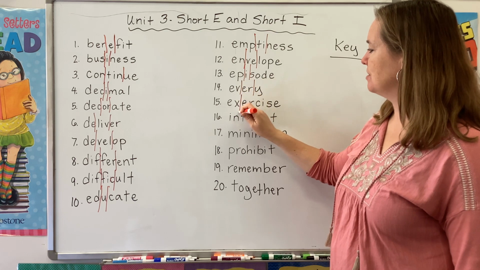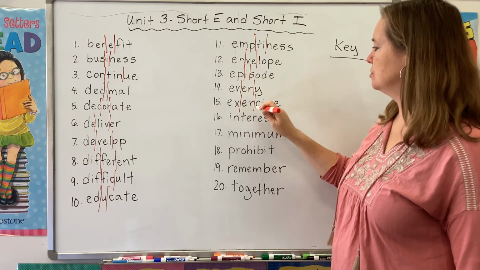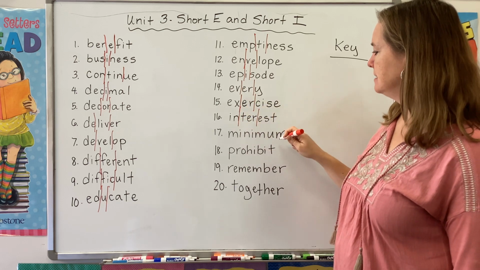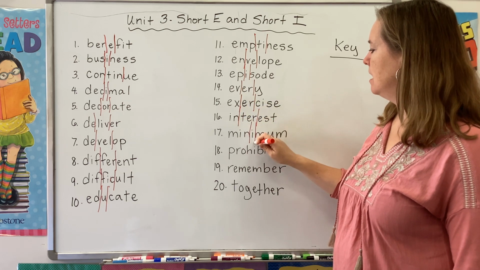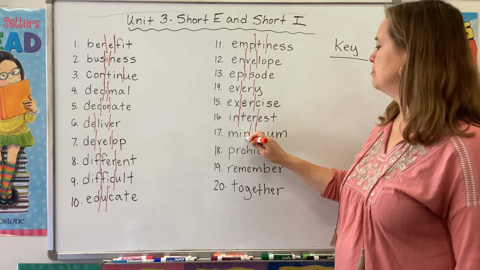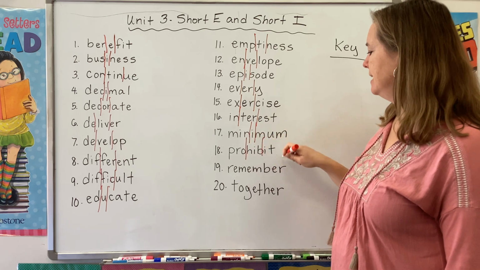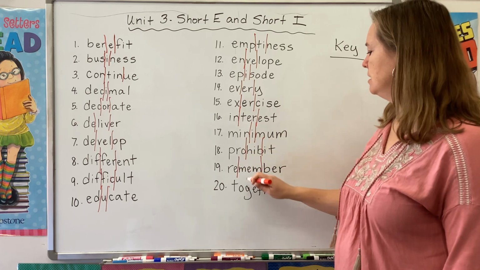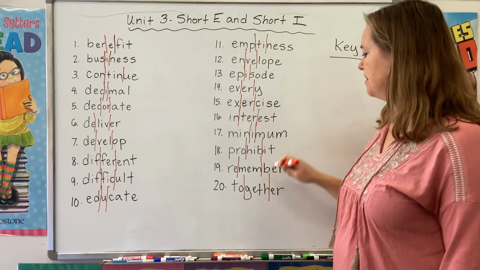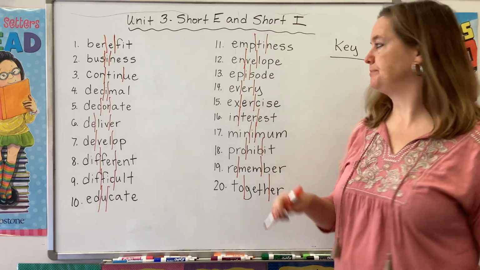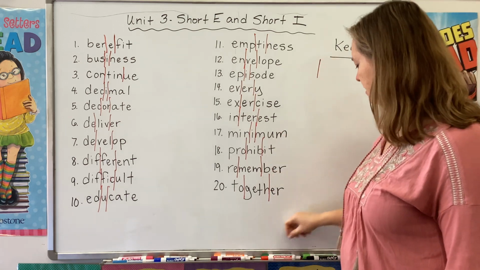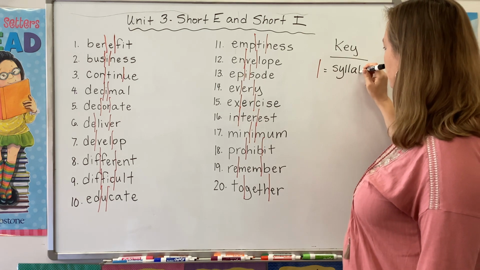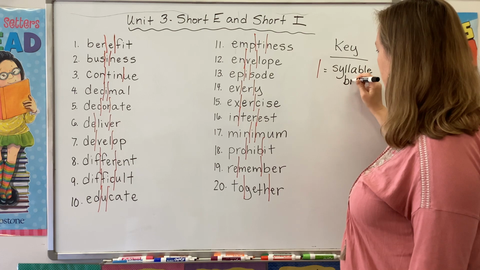Exercise, slice it after the X and after the R, exercise. Interest, minimum, prohibit, remember, together. Okay? In your key, red vertical line equals syllable break.